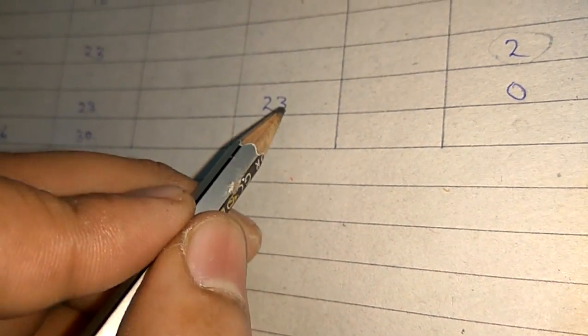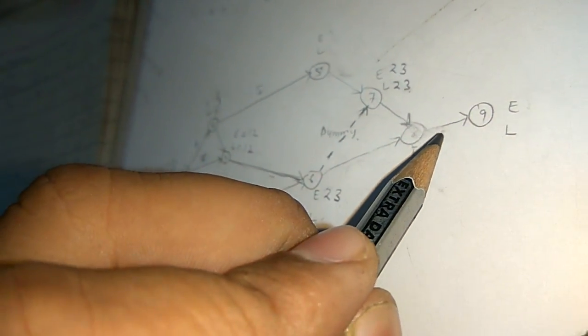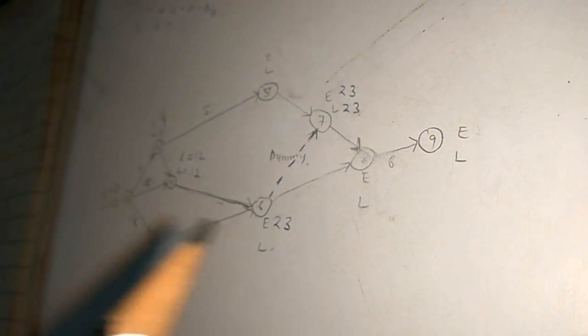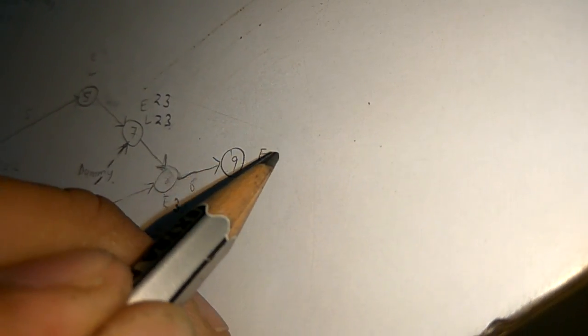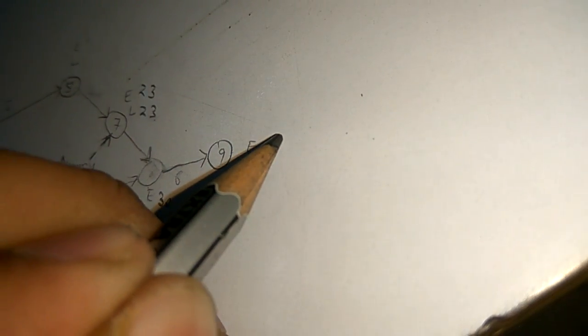Between 7 to 8, Ei is 23, and Lj minus Dij is also 23. Between 8 to 9, duration is 6, and Ei is 30. If Ei is 30, then Ej will also be 36.